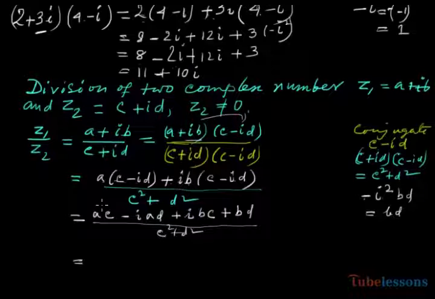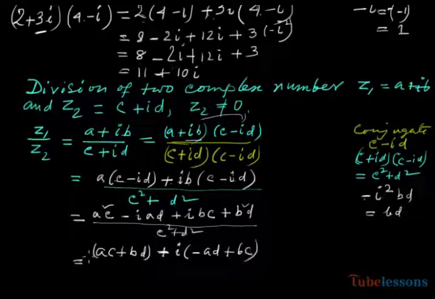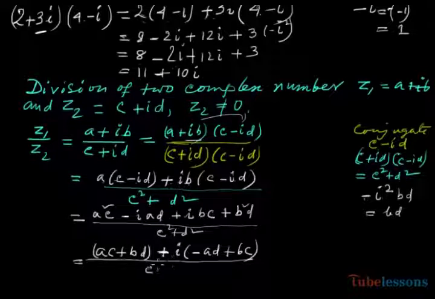Now AC and BD, add AC plus BD, plus i times BC minus AD, over C square plus D square.